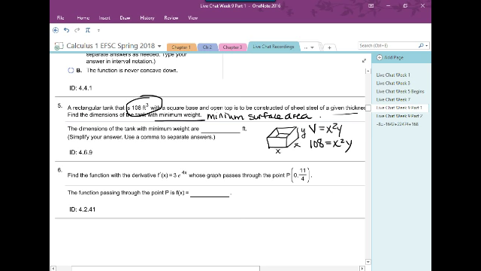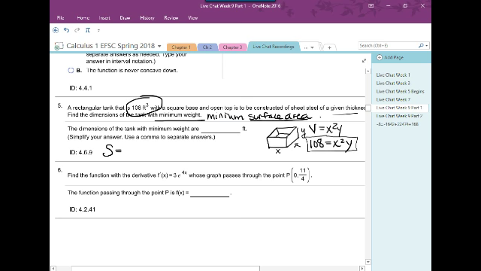All right, so that is a good fact to keep in our toolbox, and then most likely we will have to use that fact to come up with a function for the surface area. So now let's try and write an equation that represents the surface area. Remember, surface area is just the sum of the areas of all the sides.